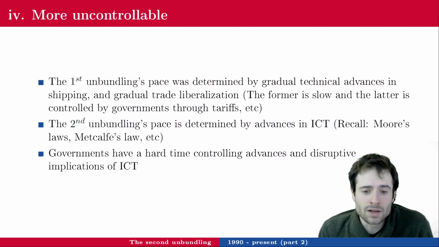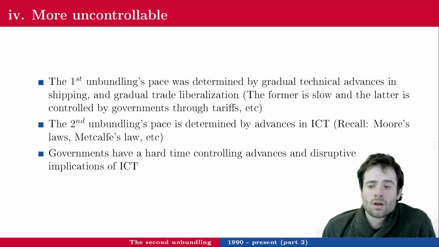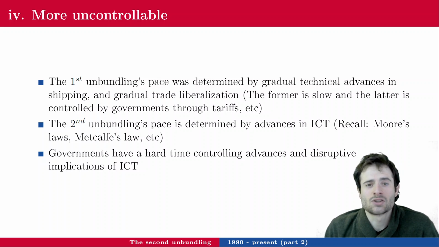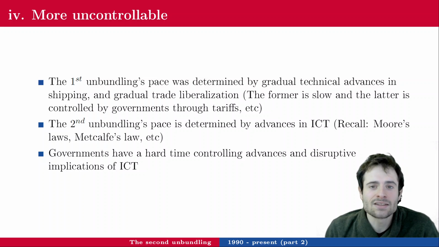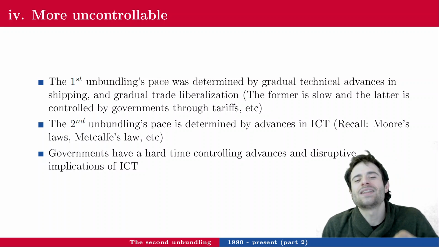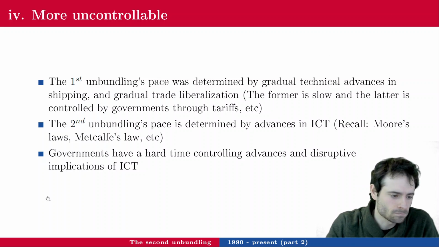The second unbundling's pace being determined by advances in ICT is just about the private sector making better processors, making 5G and so on. The government cannot keep track of that due to the exponential nature of those innovations, the exponential nature of the advances, of the speed in those innovations.